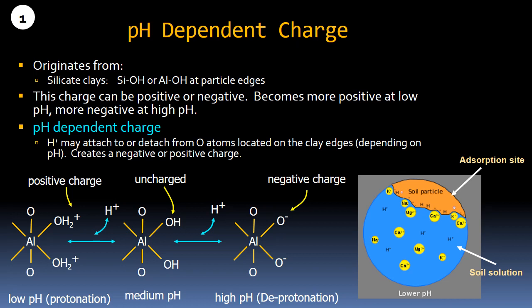Now, what happens with the increase or decrease of pH? First, I want you to look at the picture here to the right. In the soil you have two things. As you see in the picture, you have the soil particles, and on the soil particles we have what we call the adsorption sites, because there you have the negative charges, and some of the cations are attached to the soil, they are adsorbed.